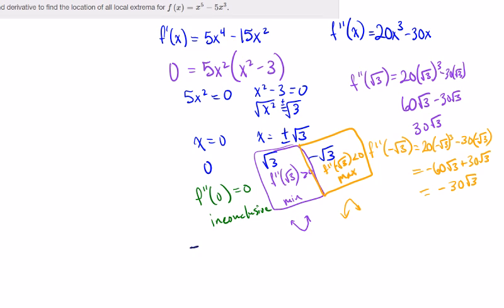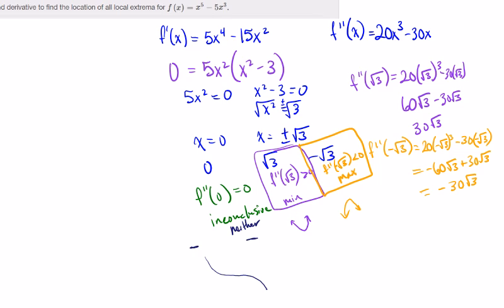Then between 0 and positive root 3, if I plugged in a positive 1, I would get the same thing, 5 minus 15, so that would be negative. So it's one of those fake outs where the slope is negative, it flattens out, and then it goes negative again. Okay, and so it's neither, right?